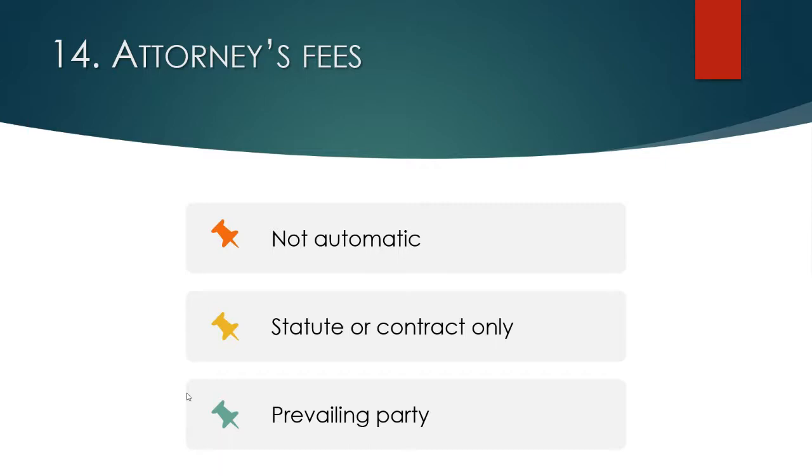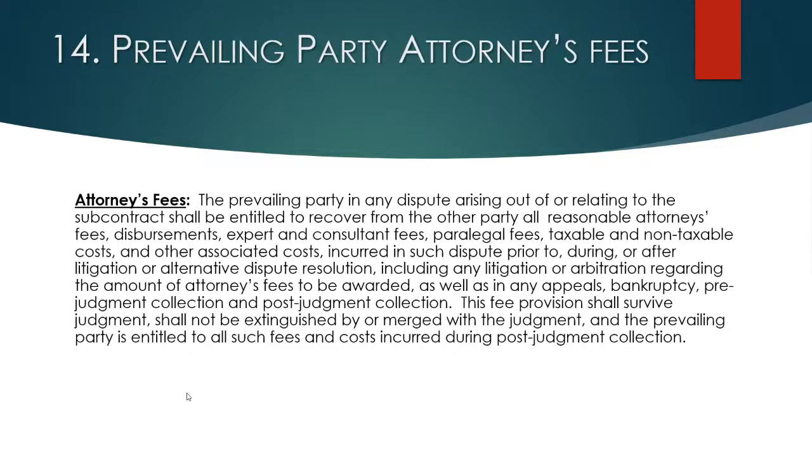And just to the last slide, this is an example of a very broad attorney's fee provision. And you want to make sure that you have a broad provision like this. This provision covers not only the attorney's fees that you incur in the actual litigation itself, but also attorney's fees you incur post-litigation.